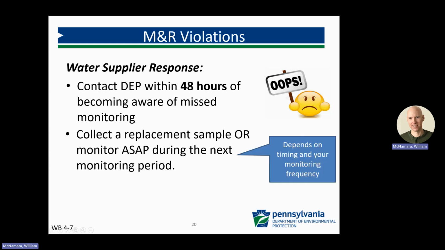If you are on annual or triennial monitoring, you'll be asked to collect a replacement sample because we're not going to wait another year. But if it's quarterly monitoring, you're probably into the next quarter and you're just collecting your next quarter. With any monitoring, reporting, or violations, it requires Tier 3 public notification, and we'll be covering that in the next lesson.